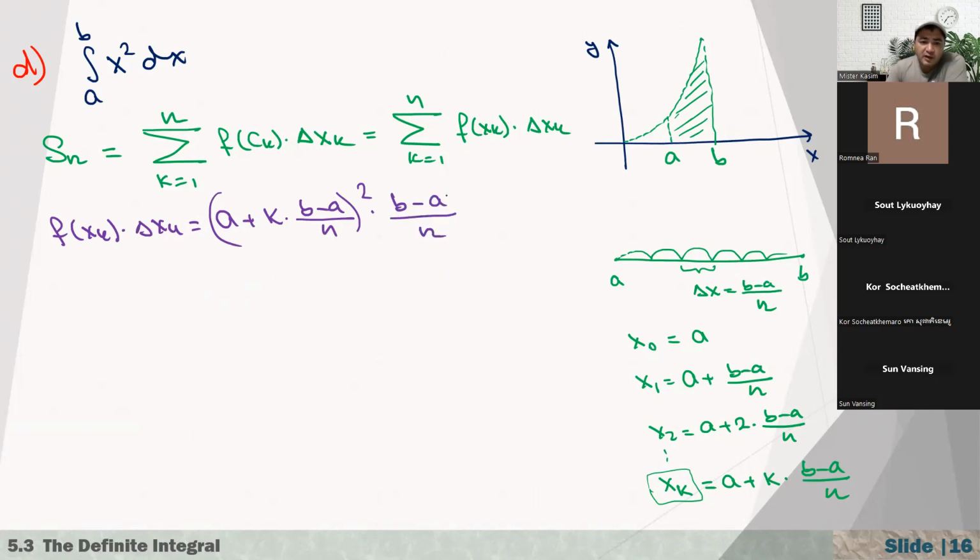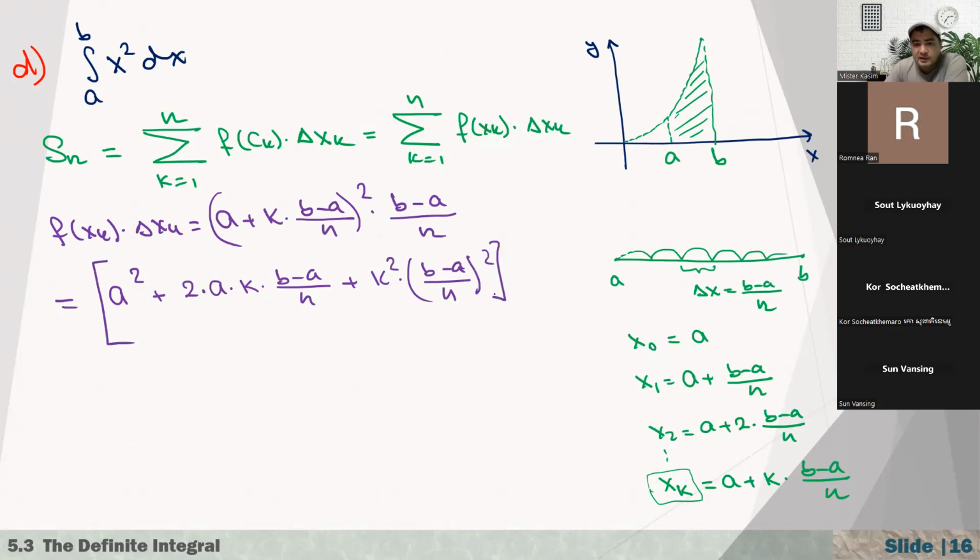Okay, so now we have to simplify this one. First, if you expand this, here I have a squared, plus 2 times a times k times b minus a over n. It's just a plus b squared, right? And plus k squared times b minus a over n squared, times b minus a over n. So as you see, it's quite long.